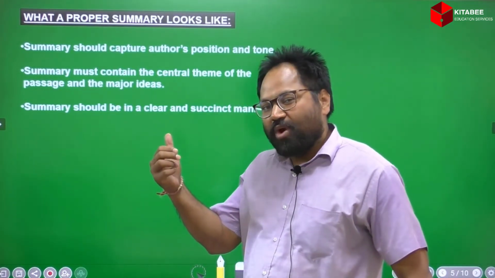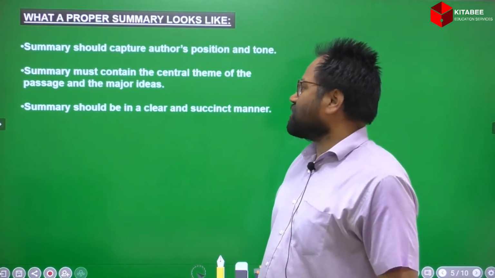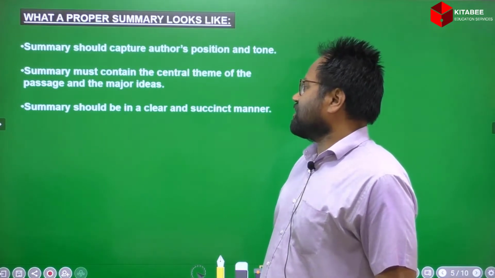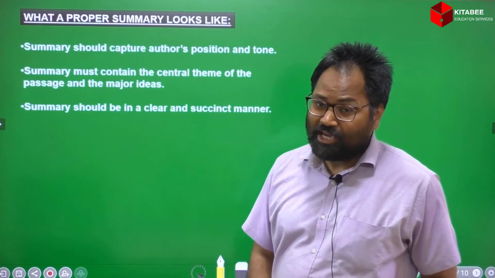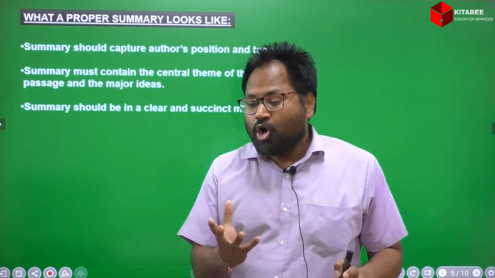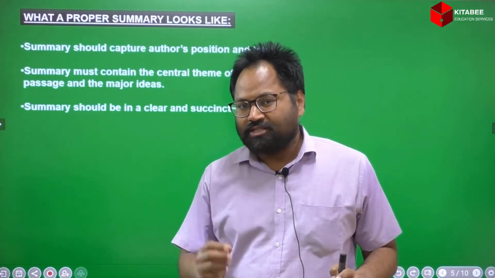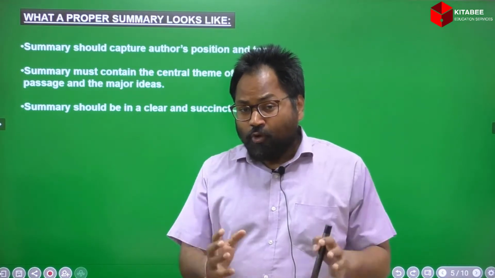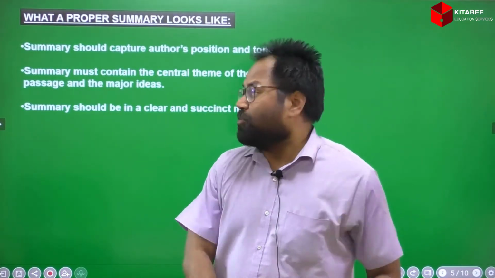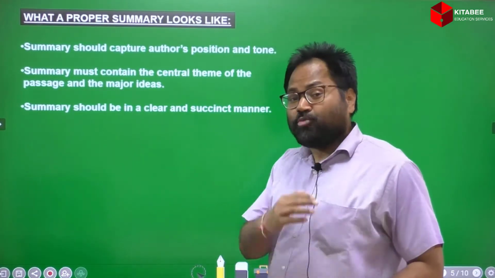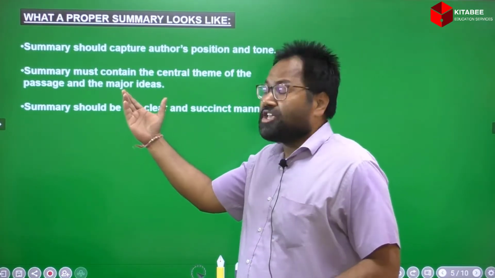Now, the second point is summary must contain the central theme of the passage and the major ideas. As I was saying, a paragraph consists of core ideas and supporting ideas. And therefore, core ideas have to be present in your summary with major ideas.